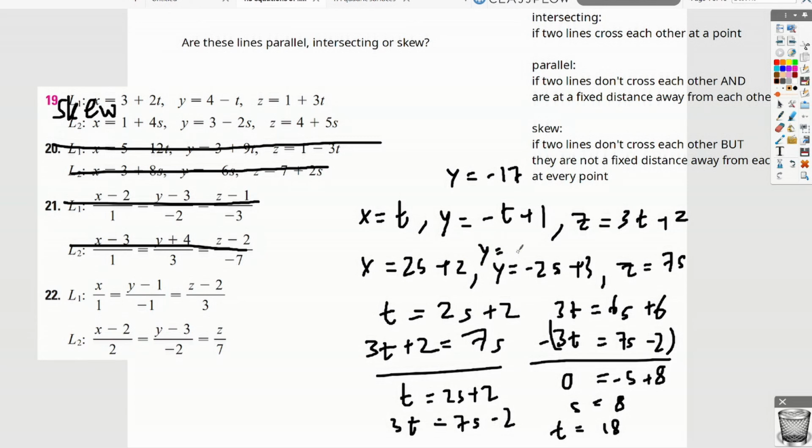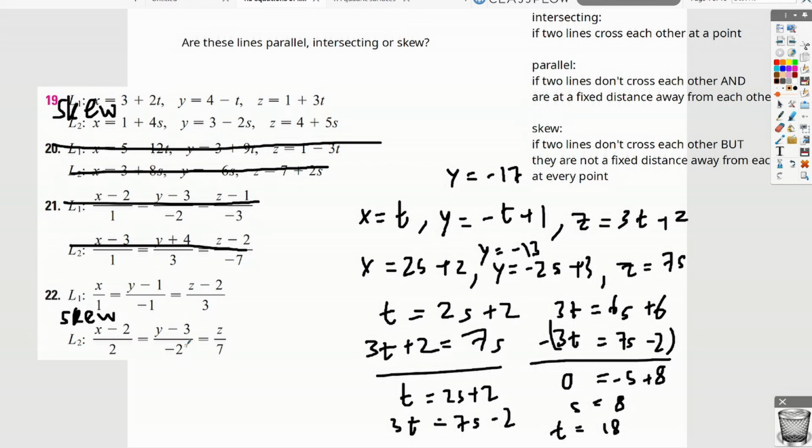Now y is equal to negative 2s plus 3. Well, s is 8. So negative 2s plus 3 is negative 13. So negative 17 and negative 13 are not equal to each other, so this is also a skew line.